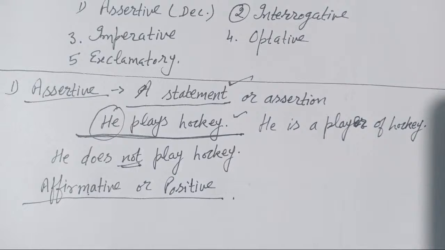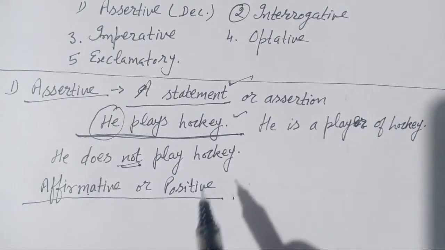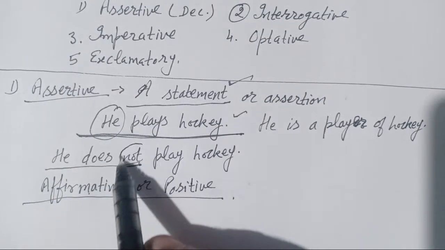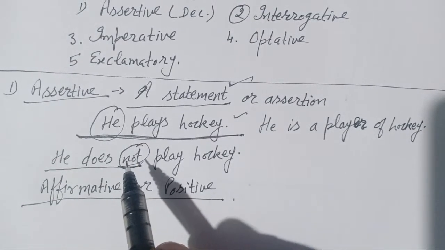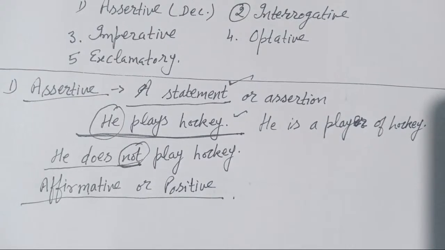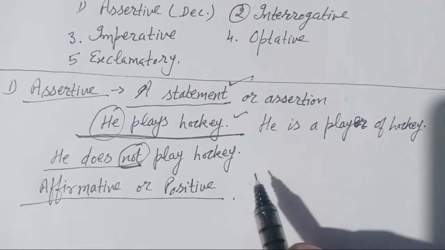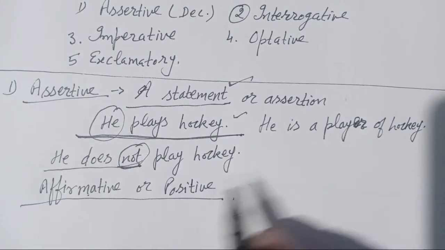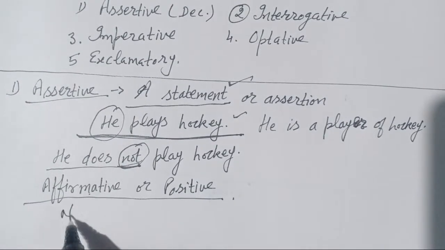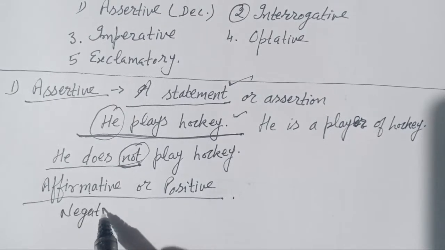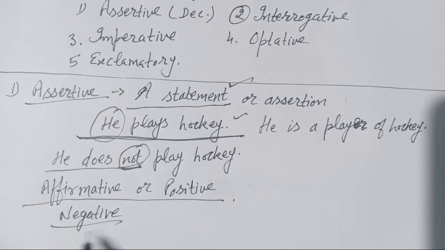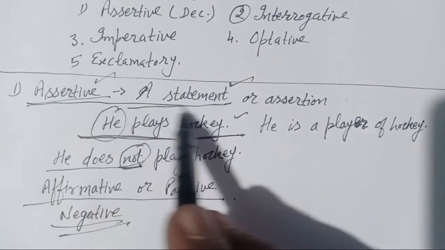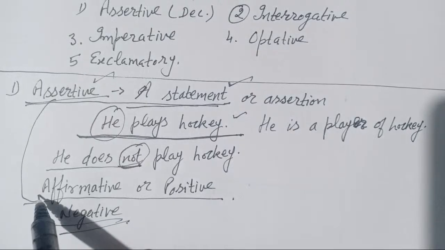Okay, and the sentences in which we use not, no, never, meaning negative sentences in which we are telling about the negation of something, we call them negative. So assertive or declarative sentences can be further divided into two types.